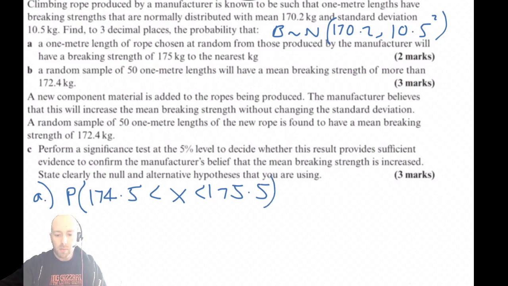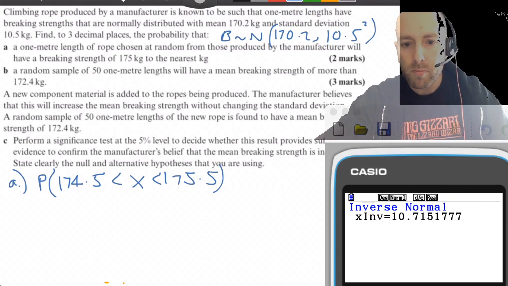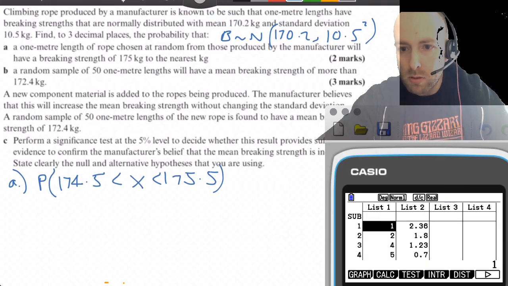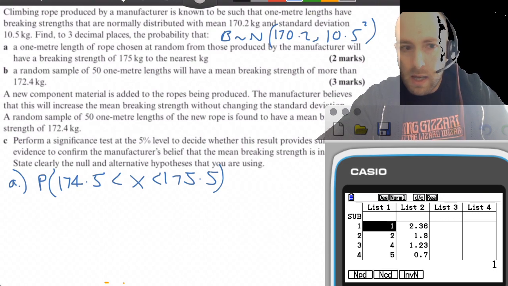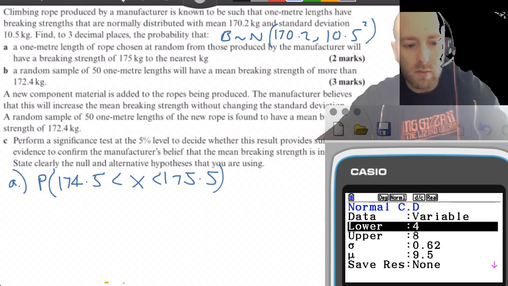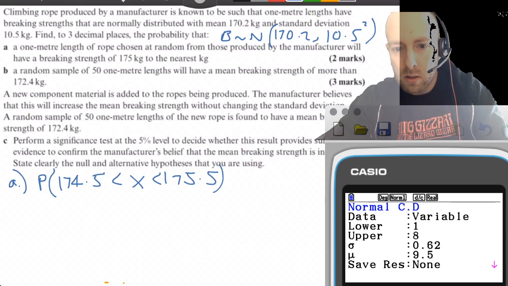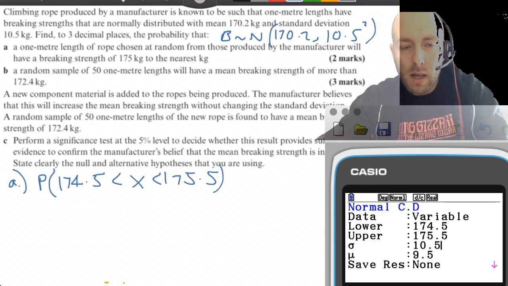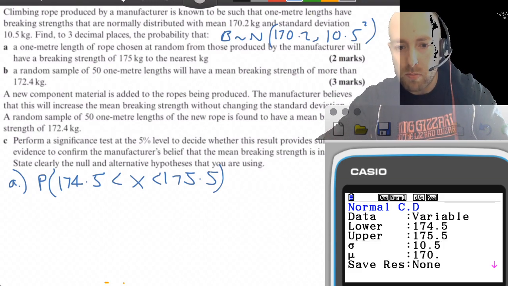If I bring up the calculator, we're looking for a NCD normal distribution, norm, NCD, variable, lower, 174.5, upper, 175.5, sigma, 10.5, and mu, 170.2.